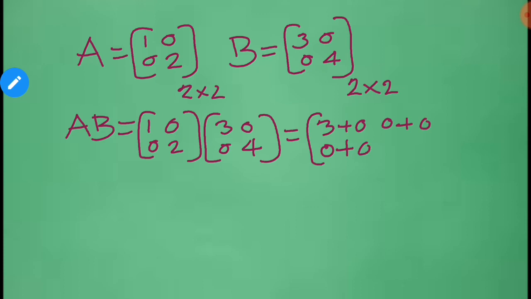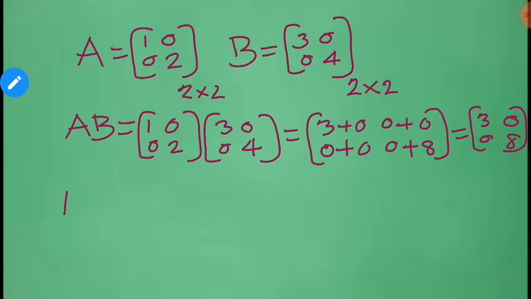Next, second row with the second column, 0 into 0 is 0 plus 2 into 4 is 8. That's equal to matrix 3 0 0 8. AB equal to matrix 3 0 0 8.